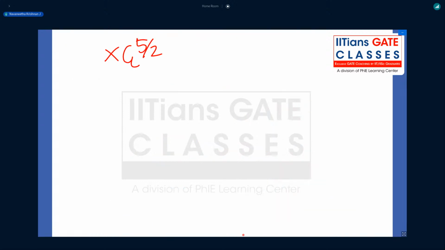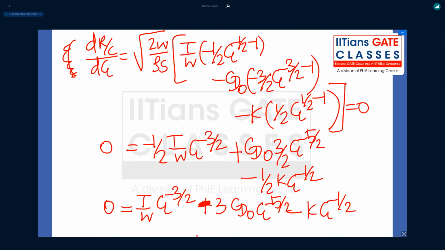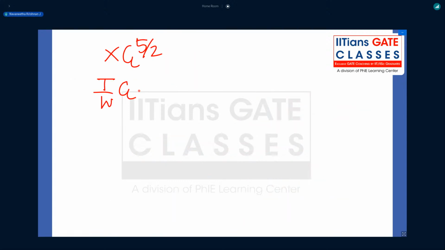So this equation will become thrust by weight CL. Then if I multiply here, CL minus 5 by 2 plus 5 by 2 will become CL power 0. Anything power 0 is 1. So it will become minus 3 CD naught.